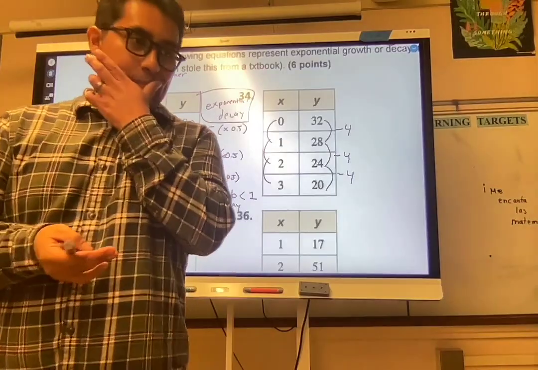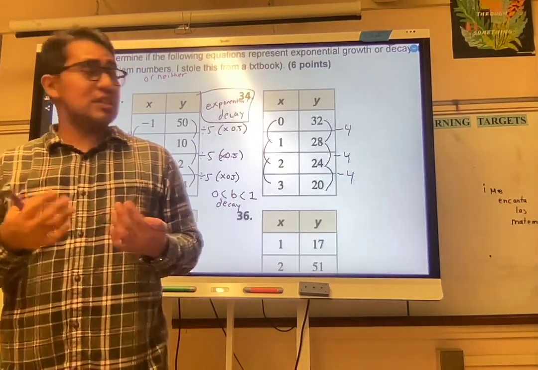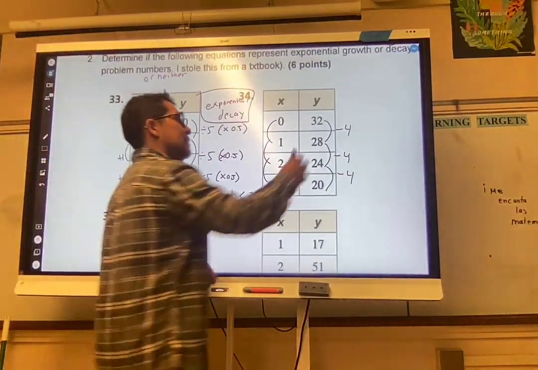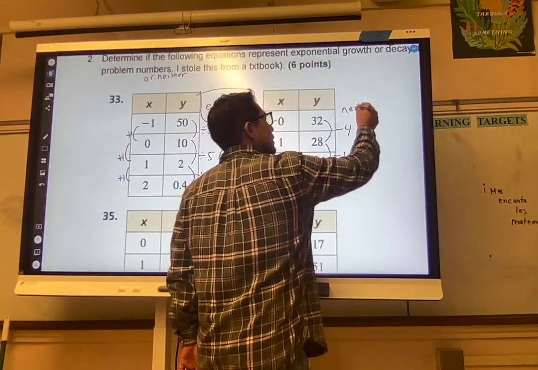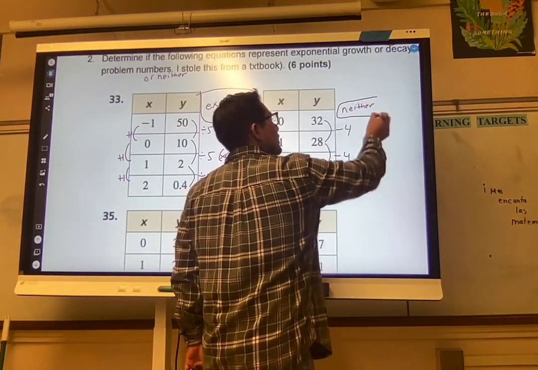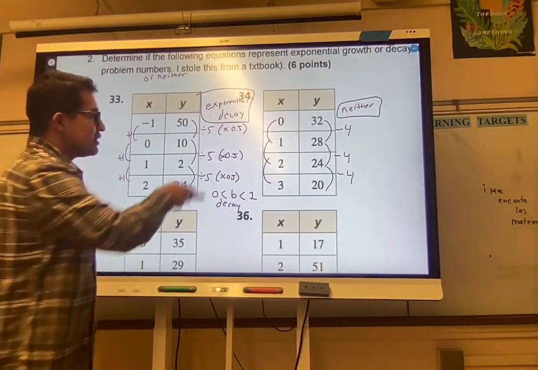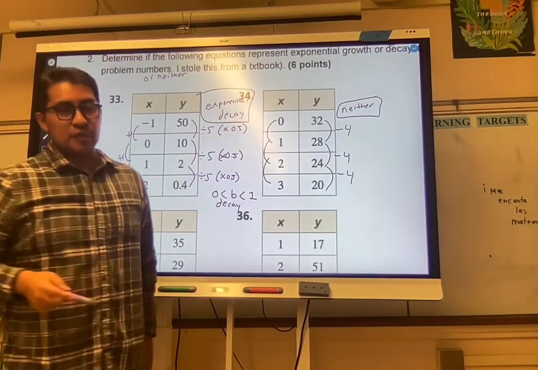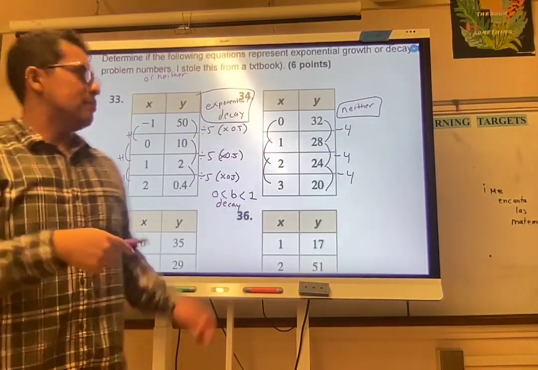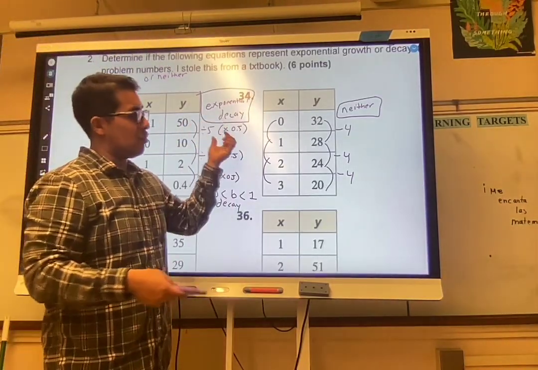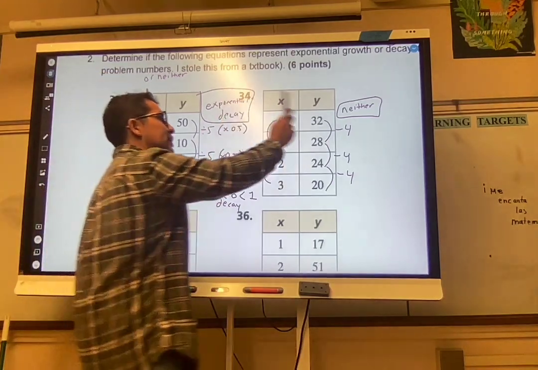And again, you might confuse it just as an English word as decay, but this is an example of neither. Remember, exponential growth or decay is the continuous process of multiplying by something over and over and over again, right? Or dividing, but division is the same thing as multiplying by a decimal or fraction. So we end up saying neither.